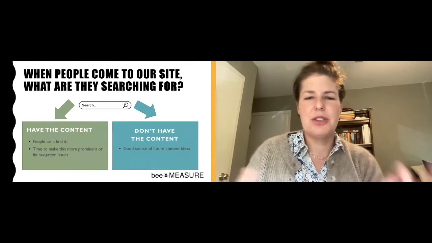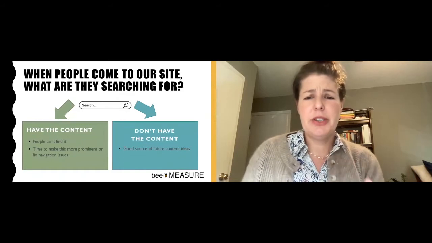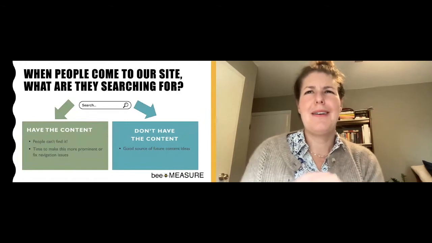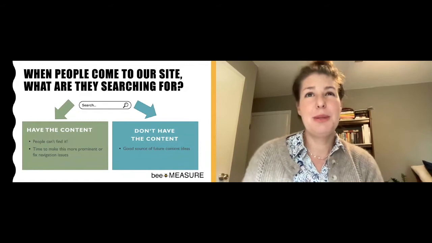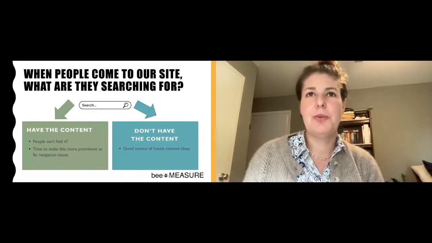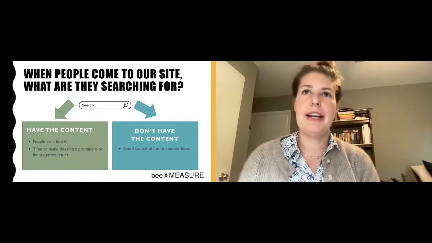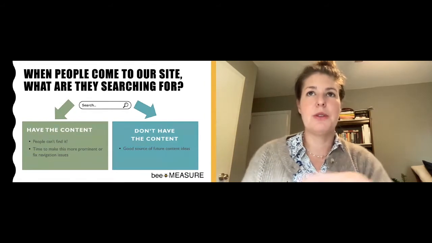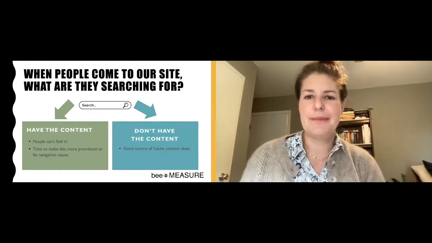Some people first will try the navigation or the homepage and then turn to search. So I think if you're seeing a lot of searches for terms that you feel like are prominently displayed on the site, especially if they're in the navigation, it might be an issue with people not understanding how things are labeled, not being able to find what they're looking for. I think that is a good time to revisit that design and maybe do some additional testing, user interviews, to figure out what exactly is going on there.